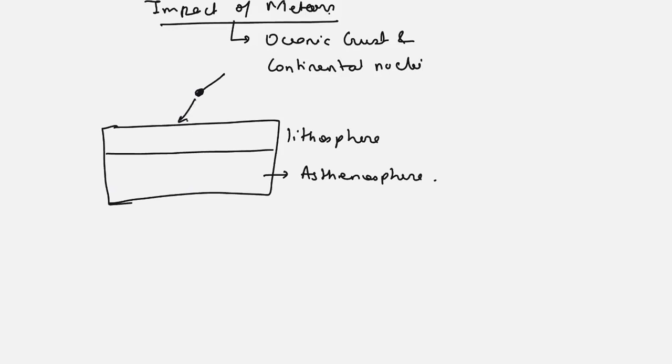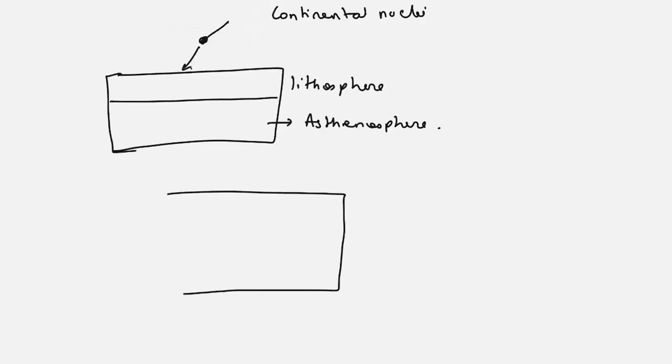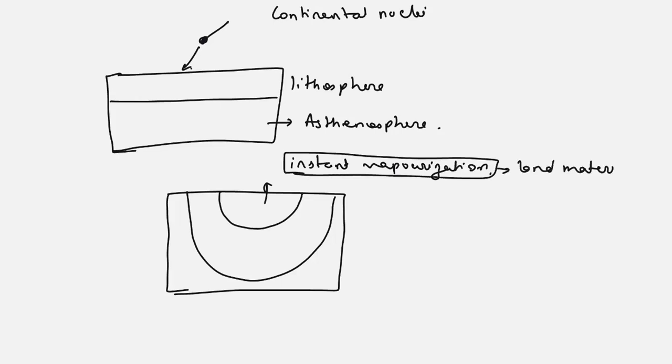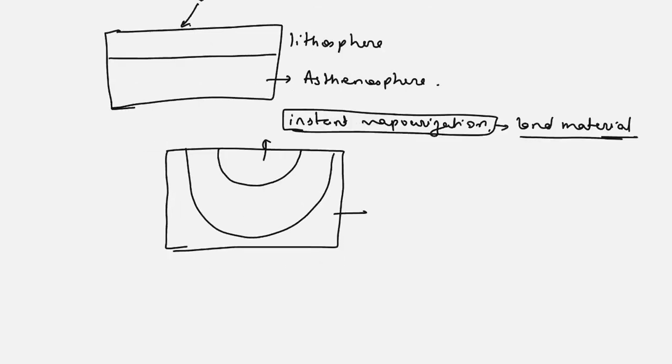Instantly, there will be an impact, and this will result in instant vaporization of land material, and this will result in the formation of a pit or a crater kind of thing.